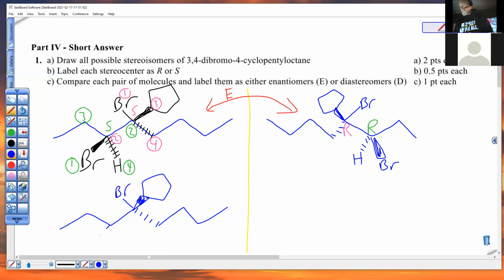And I'll just do a single switch down here. The Br got replaced by H, and that's a single switch on an S stereocenter. Always creates R. No change on the pink S. Still pink S. And when I draw the mirror image, pink S will become pink R.